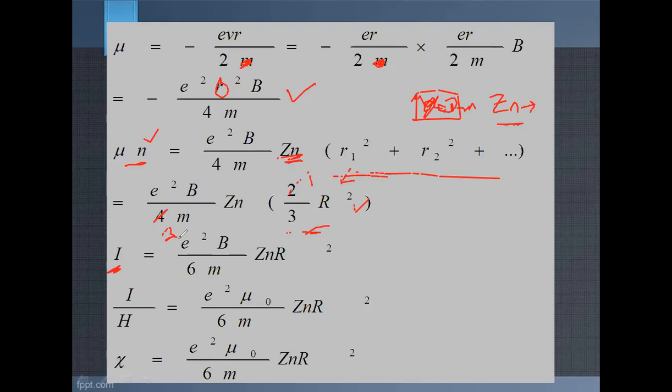Then this is going to be 2 into 3, 6, and you're going to get e square B by 6m Zn R square. Copy, screenshot it. There is very little time. Here should be R square. Please take a screenshot, guys.